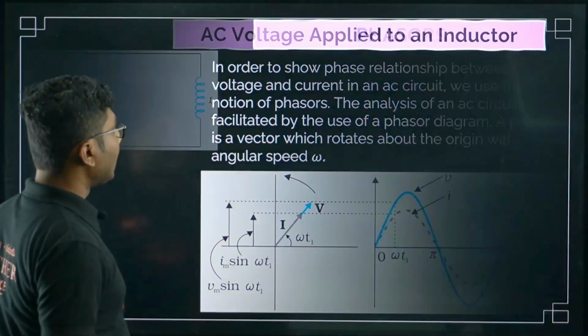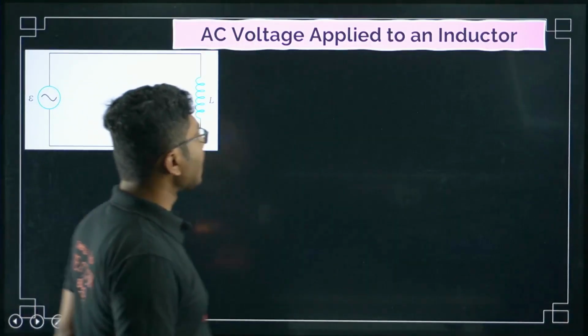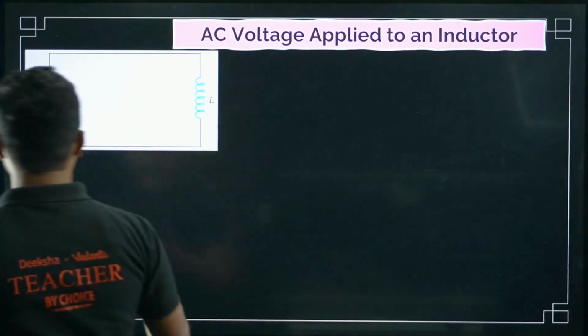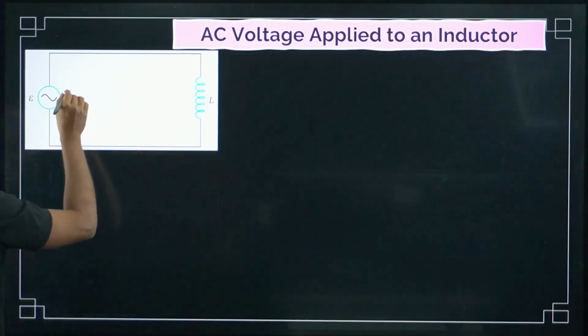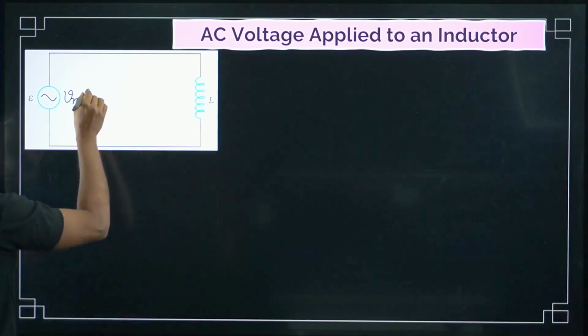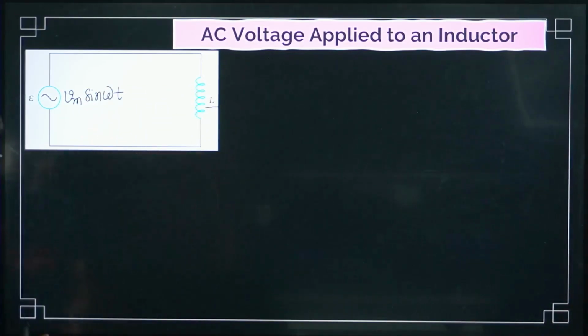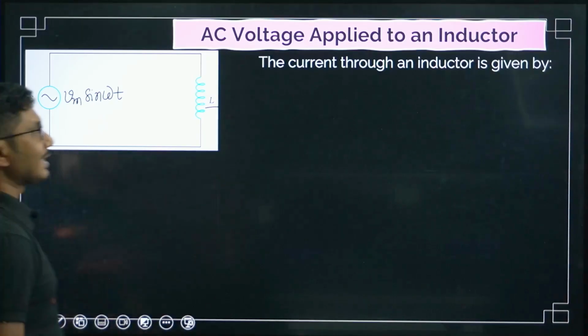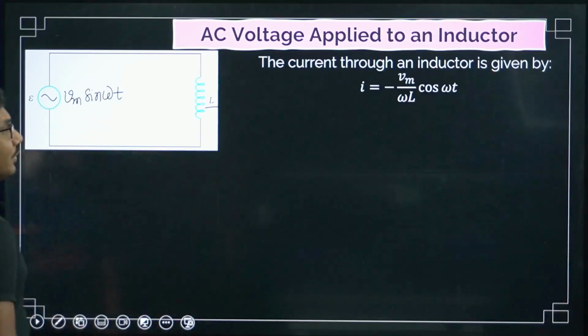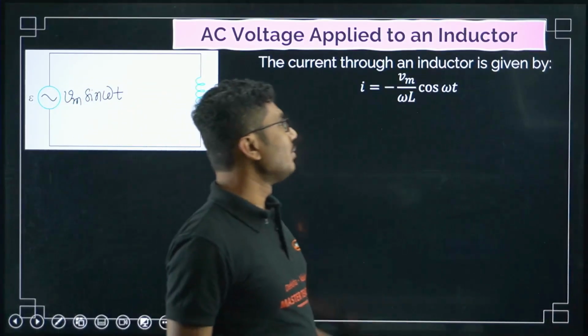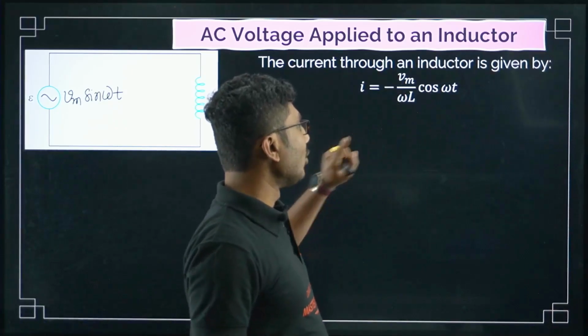Now the next part is AC voltage applied to an inductor. Again we are applying the same AC voltage Vm sin omega t to an inductor of inductance L. Then what will be the expression for current? The current through the inductor will be given by I equals minus Vm by omega L cos omega t.